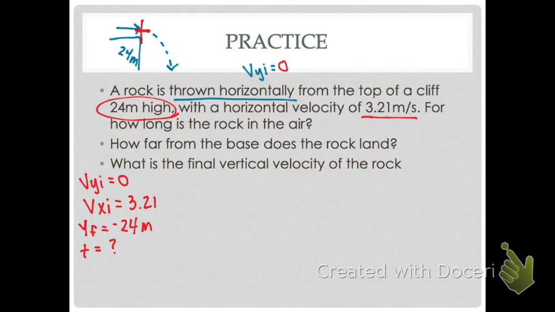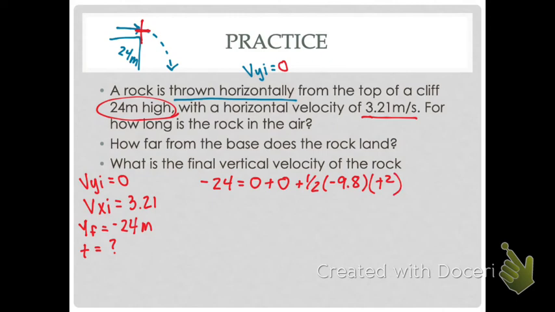You can look at your vertical and your horizontal and figure out, do I have an equation here that could help me solve? The second vertical, right? Yeah, that's really the most common one that we'll use. So my second vertical equation would say y final equals y initial plus VIT plus 1/2 a t squared.